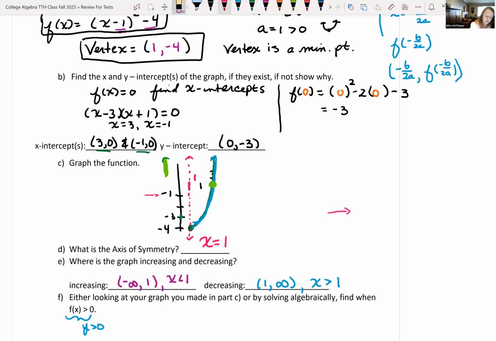Oops. I was afraid that was going to happen. So this should actually be an open circle here because that inequality is not including that sign. And I'm a little off on my graph. Okay, my x-intercepts were up here.